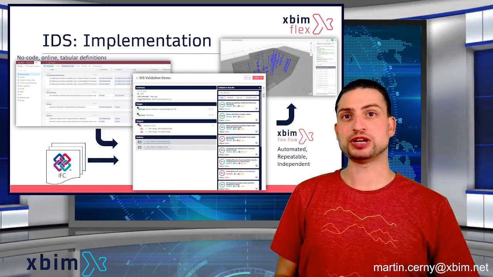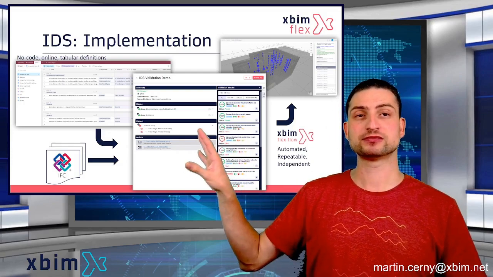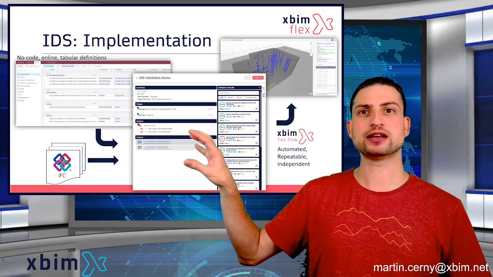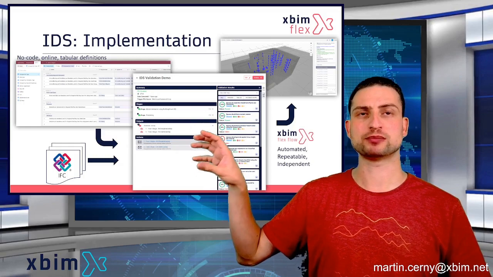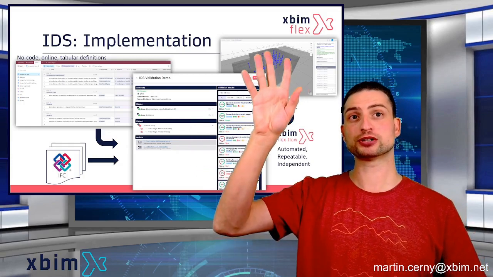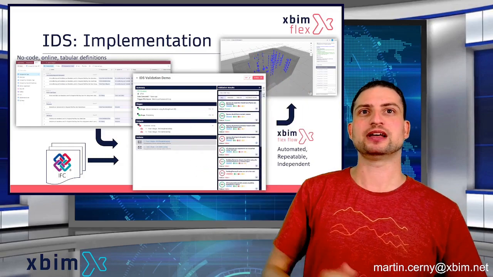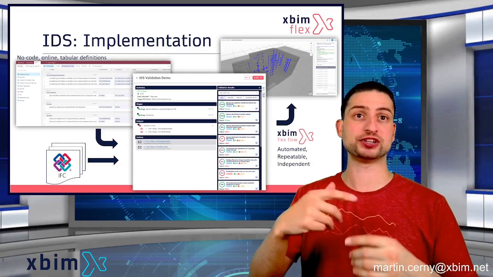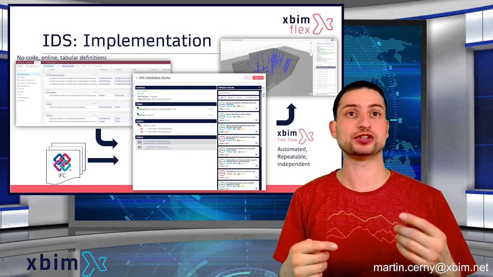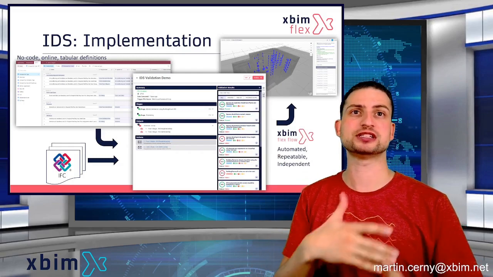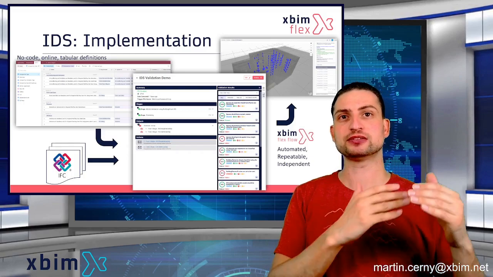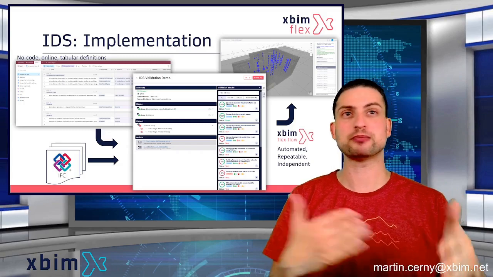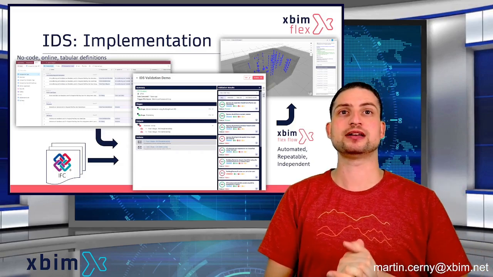We would also create BCF results, so any issue is captured there. And as part of this process, we also automatically publish it to our communication application, Just Comms, where people can actually share 3D views. They can have a conversation around the building. They can have a conversation around these issues, and they will see every single failed rule and every single failed element. So they can actually inspect them either by type or one by one.